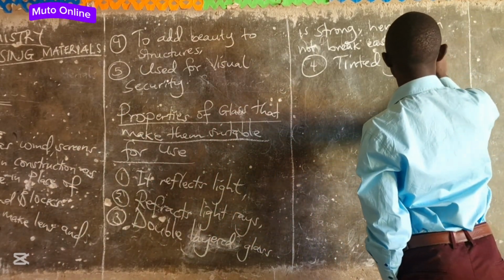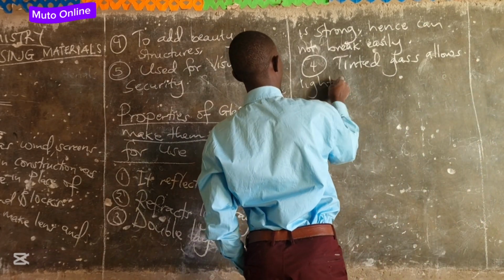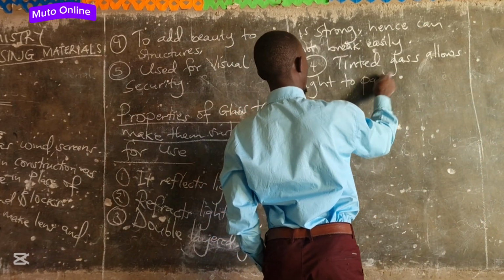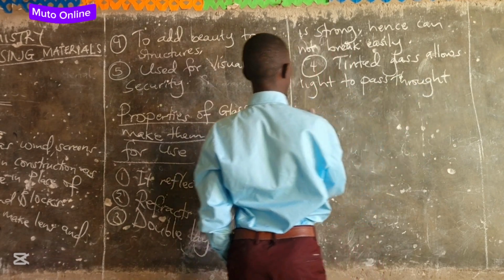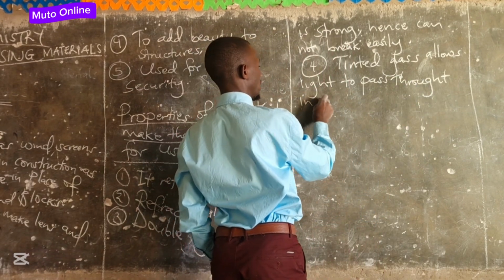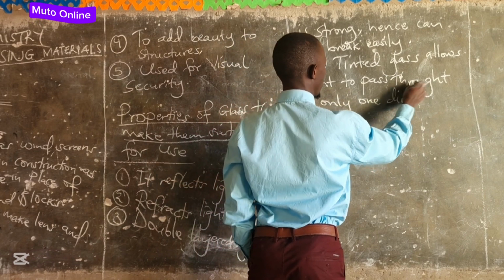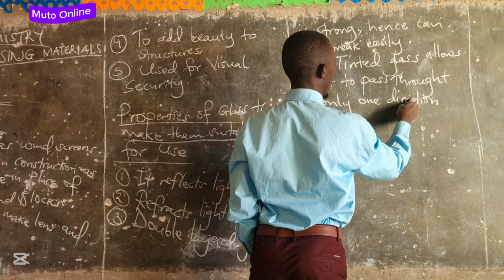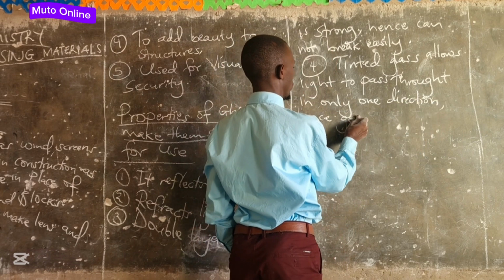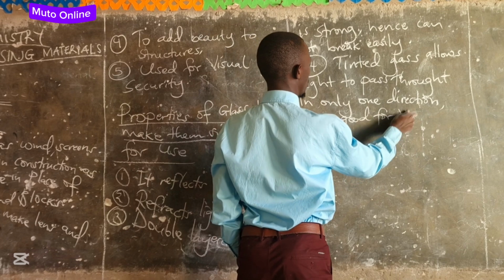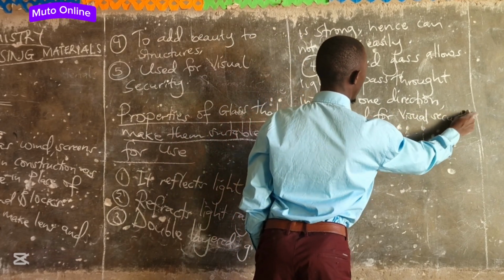Tinted glass allows light to pass through it in only one direction, hence good for visual security.